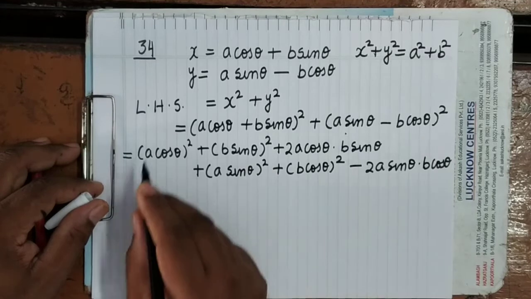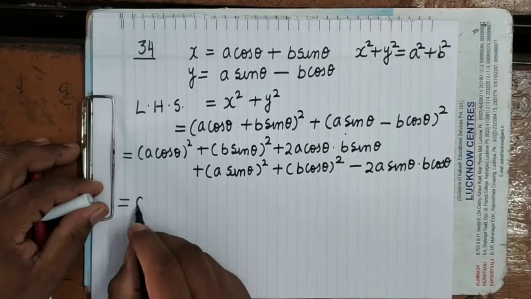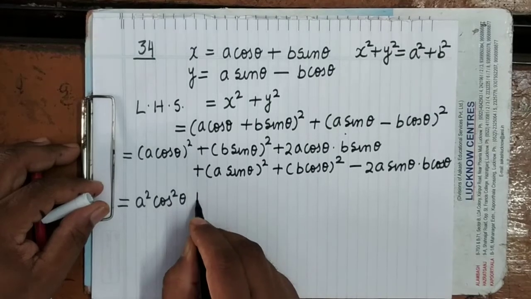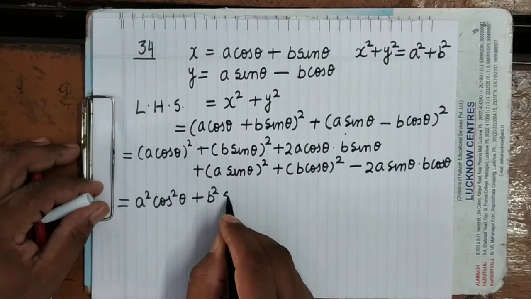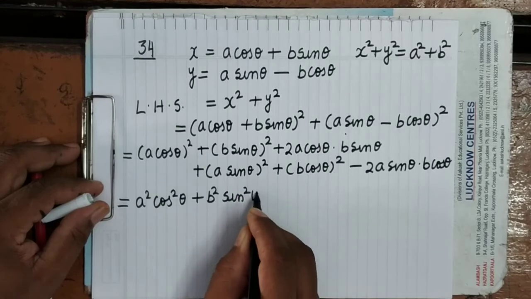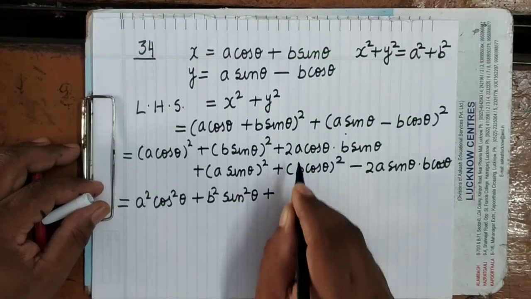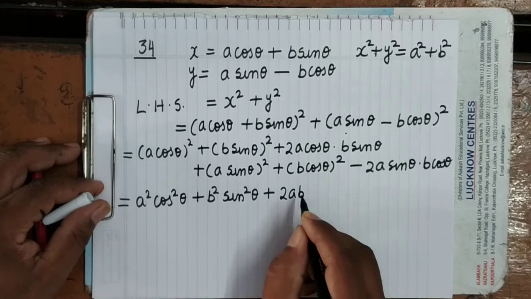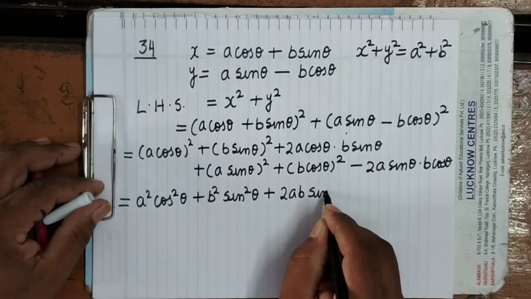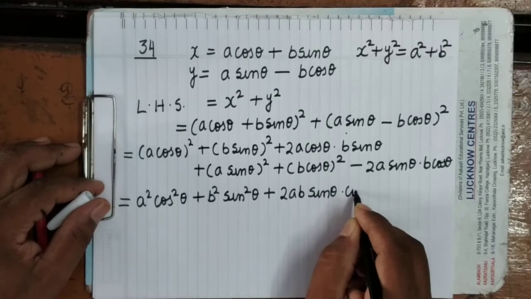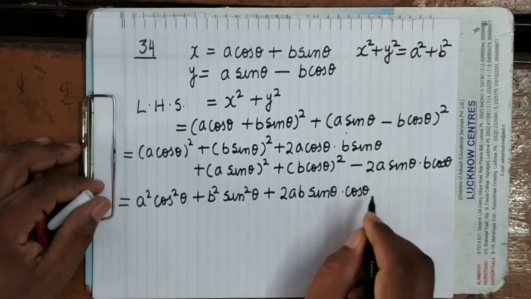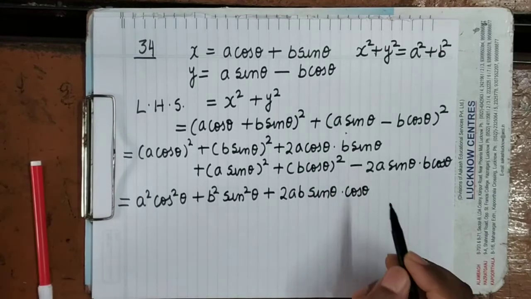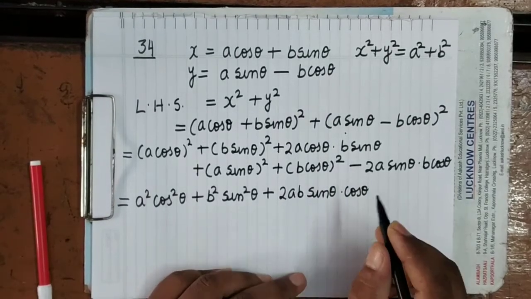So see here, this you can write what? a square cos square theta plus b square sin square theta plus, rearranging the terms, 2ab, then first we will write sin theta into cos theta. Since all the terms are in product, therefore we can write this way.